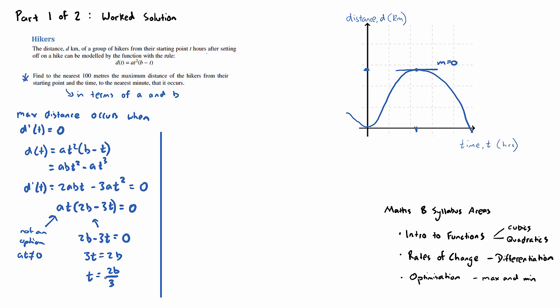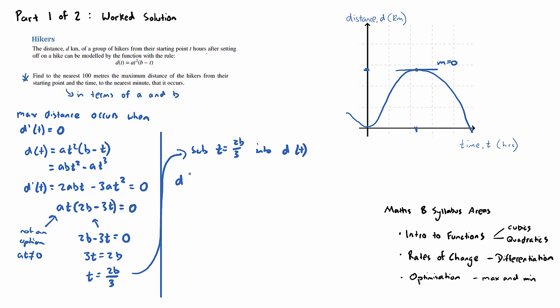So this time here, 2b on 3, is the time where the hikers are the furthest away from their starting point. Now, to find the equivalent distance, I just need to sub t equals 2b on 3 into my original function, dt.